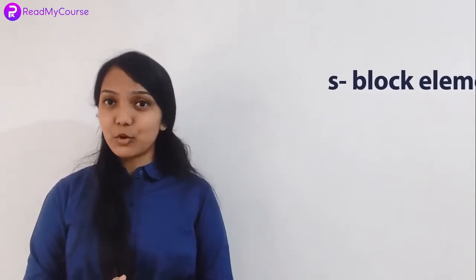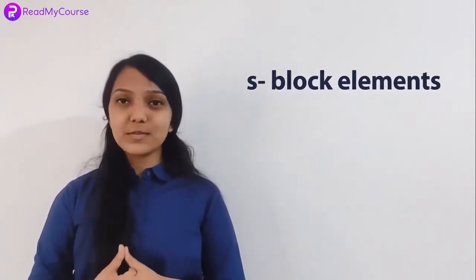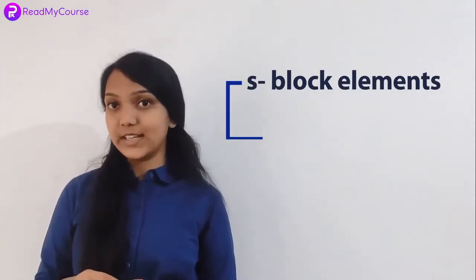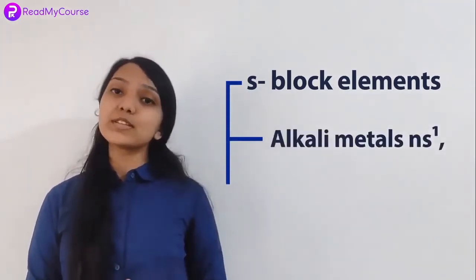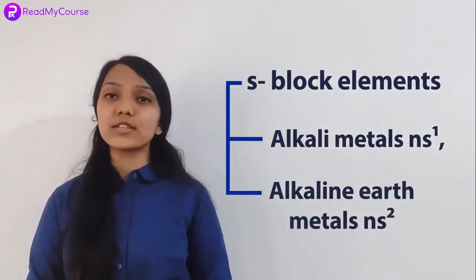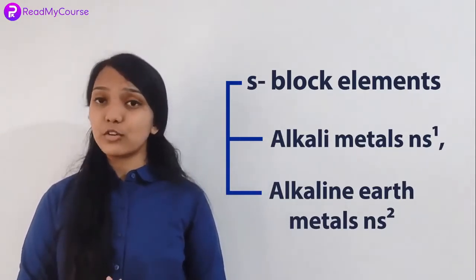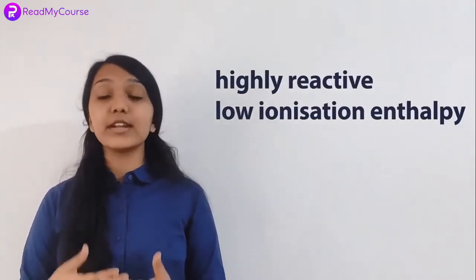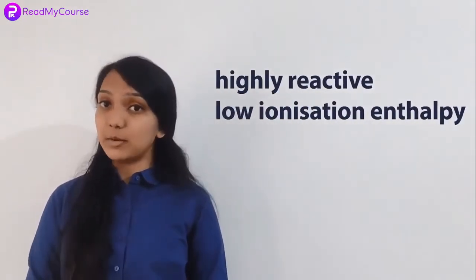Now let us discuss s block elements. S block elements basically have 2 groups of elements, that is group 1 elements, which are called the alkali metals, and group 2 elements known as the alkaline earth metals. They have the outer electronic configuration ns1 and ns2. All these metals are highly reactive and they have low ionization enthalpy.